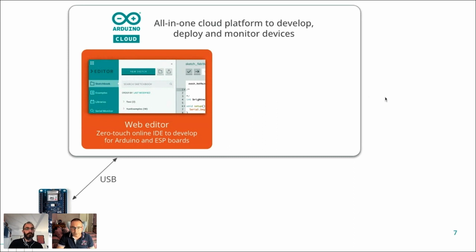And for that, the Arduino Create Agent is an application that you install locally on your PC that enables the cloud to communicate with the device in order to program it. Alternatively, once programmed, the devices can be updated without cables using the over-the-air feature. You also have the ability to store all your sketches in the Arduino Cloud, and the web editor gives you the ability to manage and share them.